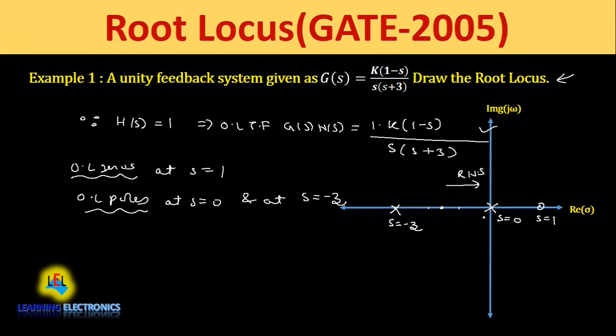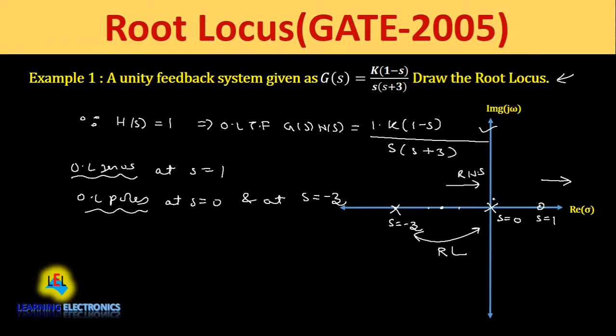Therefore, the section between s = -3 and s = 0 lies on the root locus. While considering rule number 3, we don't have to see the poles and zeros situated in the right half of the s plane.